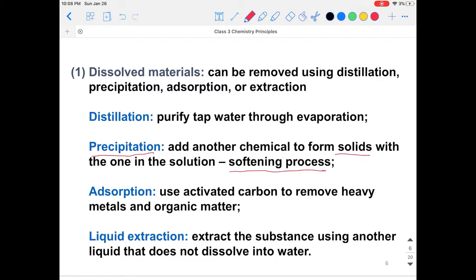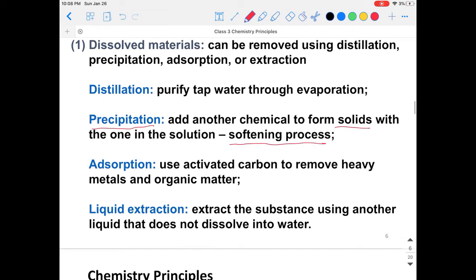And we can also use the liquid extraction. So that means we can extract the substance using another liquid, which means that these extra species in water probably can better get dissolved into this other substance, right? So in this case, we can separate the extra species from the water.